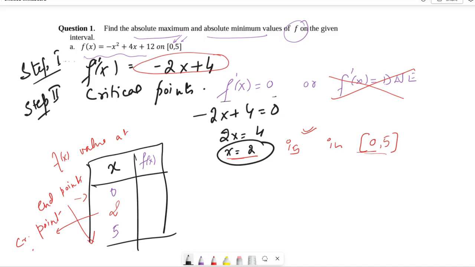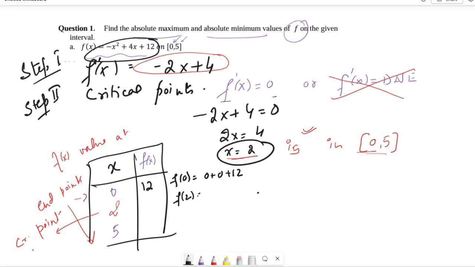Okay, so how do you find the function's value? Function's value basically is f of 0. So f of 0, you can calculate on the side. Where do you get f of 0 from? By putting 0 in the function: 0 plus 0 plus 12. So f of 0 is 12.